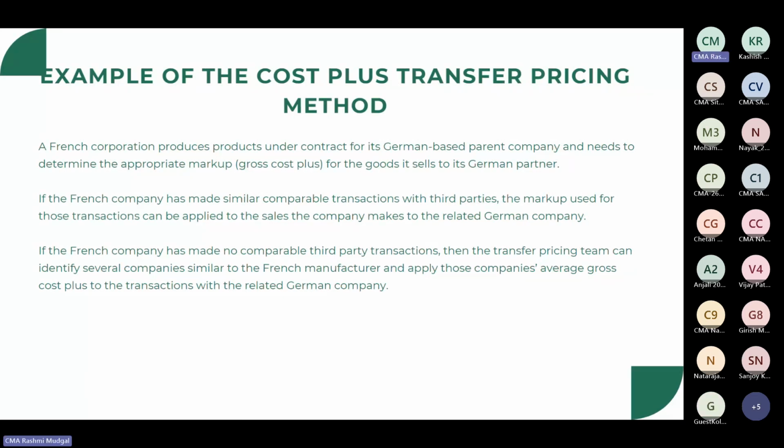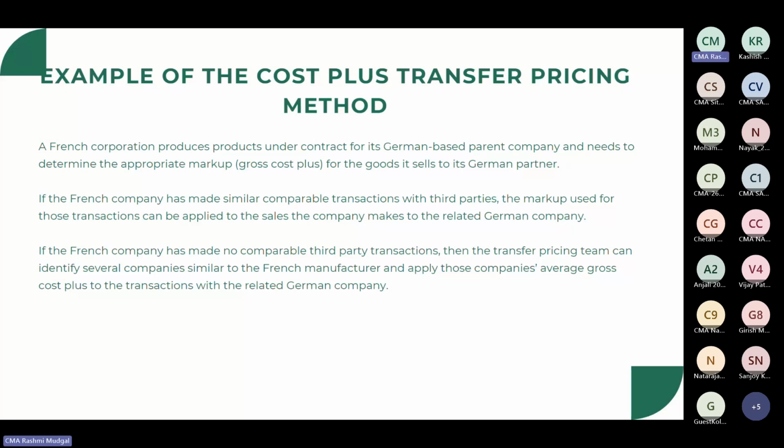So an example of the cost plus transfer pricing method is a French corporation that produces a product under contract for a German-based parent company and needs to determine the appropriate markup on gross cost for the goods it sells to the German partner. If the French company made similar comparable transactions with a third party, the markup used in those transactions can be applied to the sales the company made to the related German company.